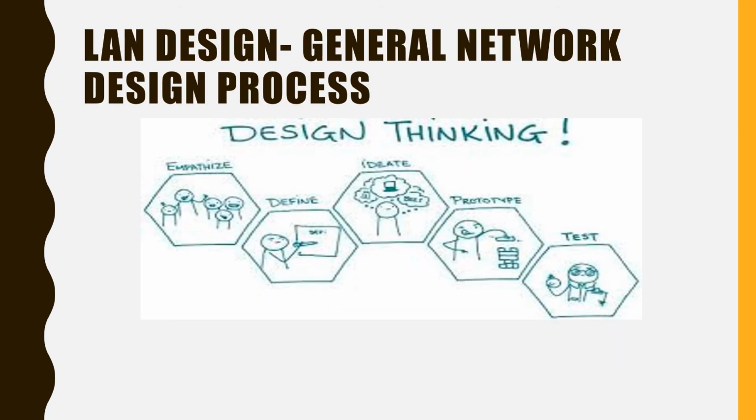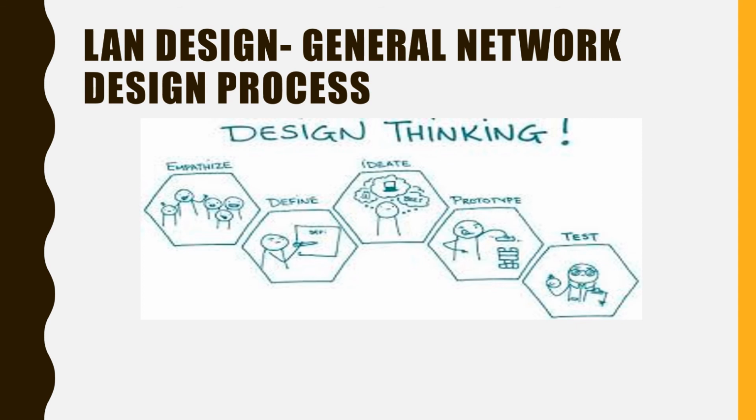Now the last slide of our lecture today is the LAN design, the general network design process. Whenever we are thinking of having a LAN, what is the process of designing it?